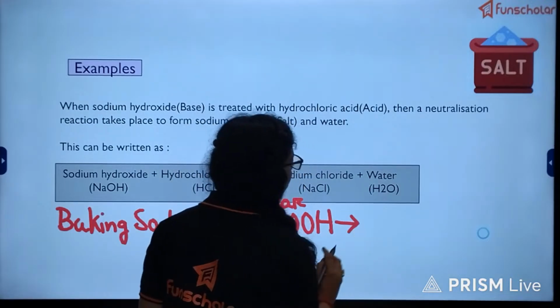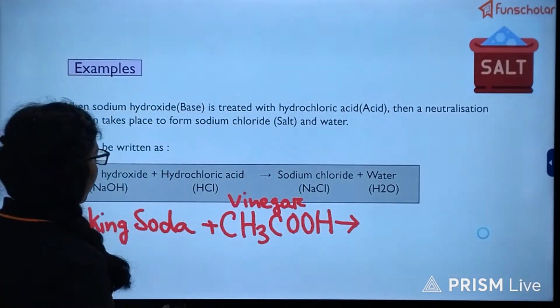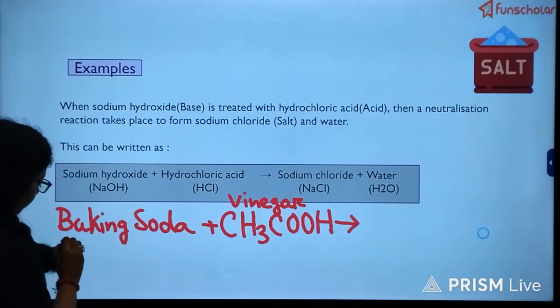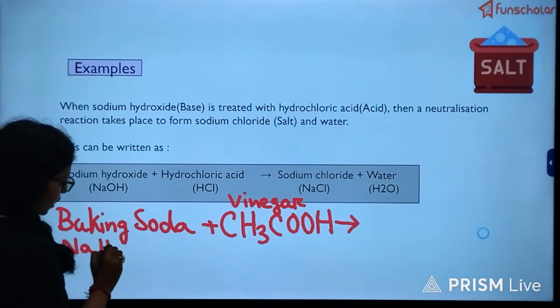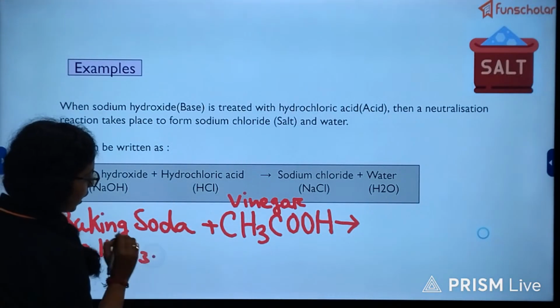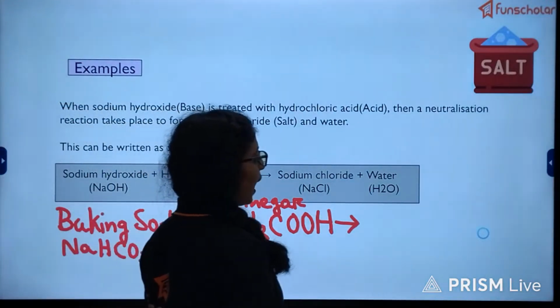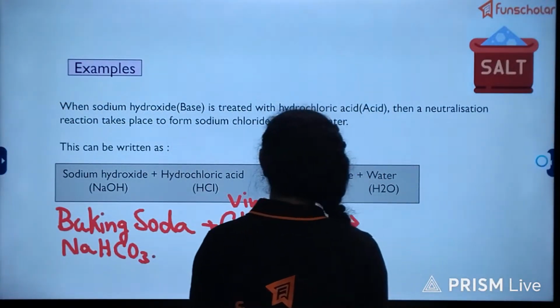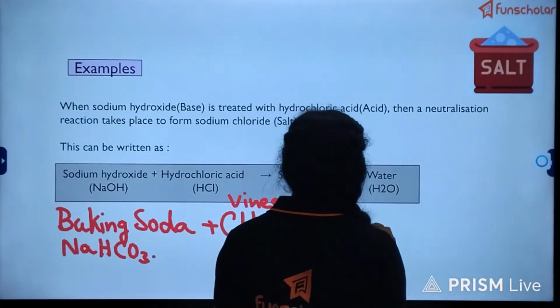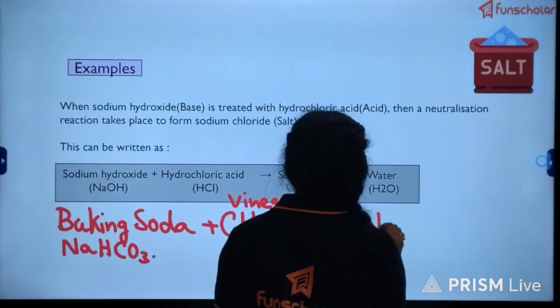What can we expect? Baking soda is sodium hydrogen carbonate, right? So we can definitely expect that there will be water and salt. Okay, so let's see what salt we can get from here.